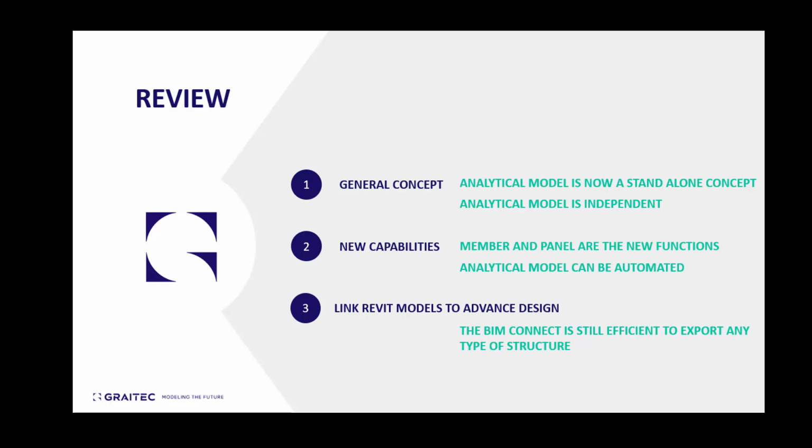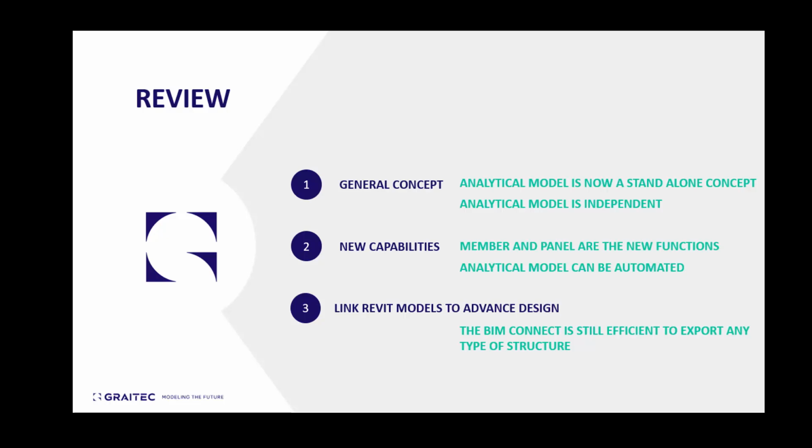We have also some new capabilities now embedded in the latest release. One of the most important new features are member and panel. With these two elements, we can create almost all the analytical elements that we want in our model.